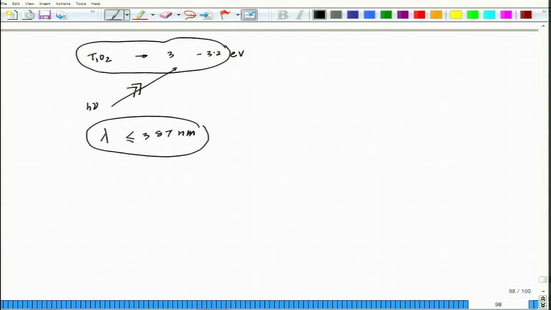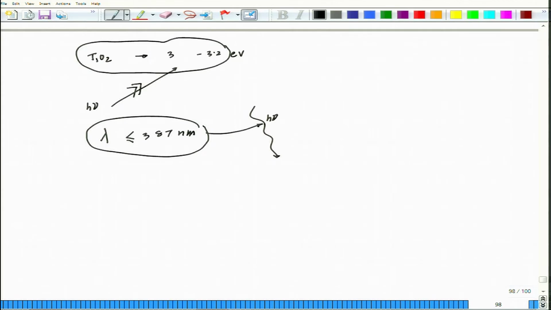Okay. The absorption of the photon. So, you have the semiconductor material which is getting the wavelength. To repeat it, in the case of anatase TiO2, the band gap is 3.2, therefore, you need a UV wavelength of 387 nanometer.